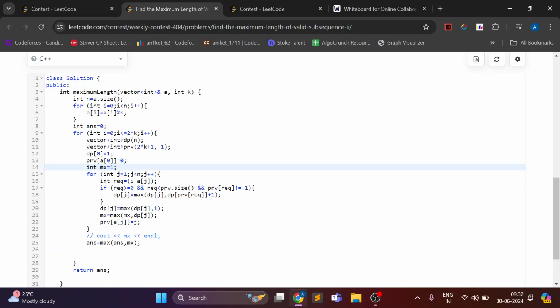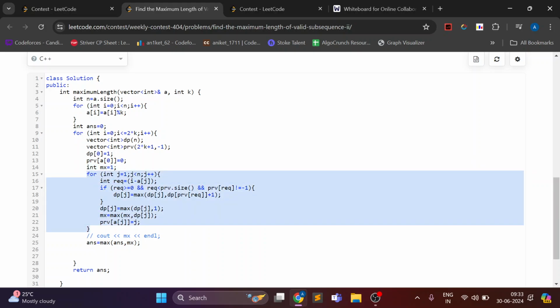Similarly, I have declared a max variable which is storing the maximum subsequence length till now. Then I will iterate from 1 to n. I will calculate required.